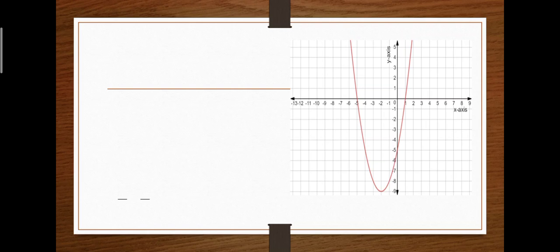Next is, what if the given is a graph? So, first is, we are going to find the vertex. So, the vertex is this one. Ito. Tingnan nyo yung red. So, ang x niya, di ba itong vertex, first here is h, the next is k, di ba? So, our h is negative 2.